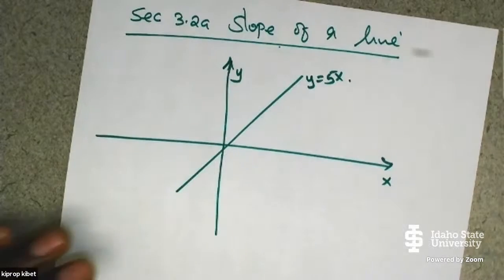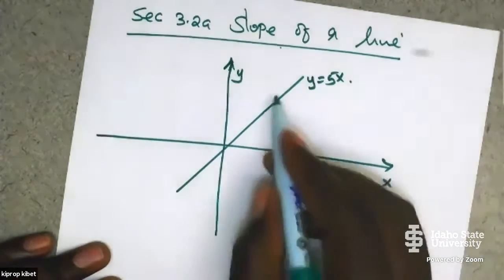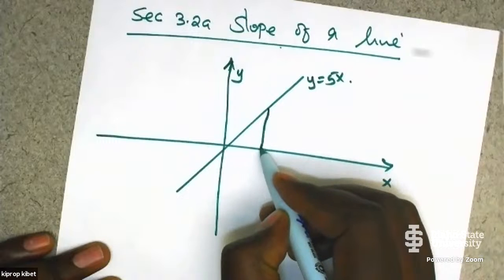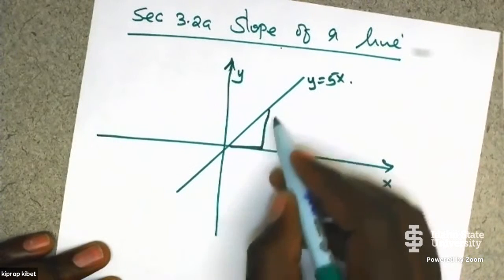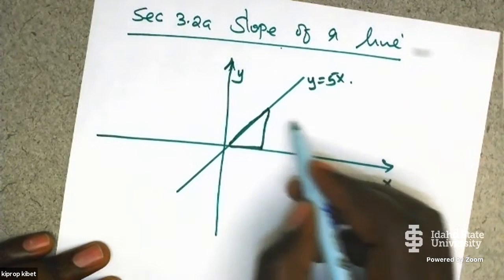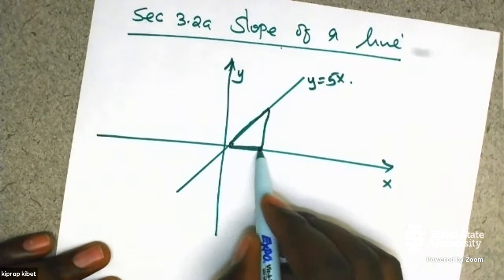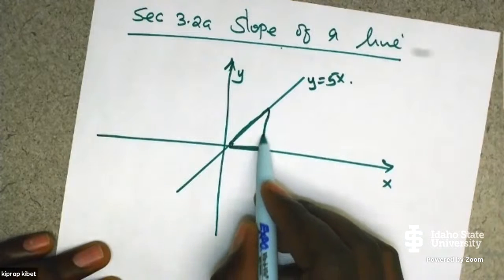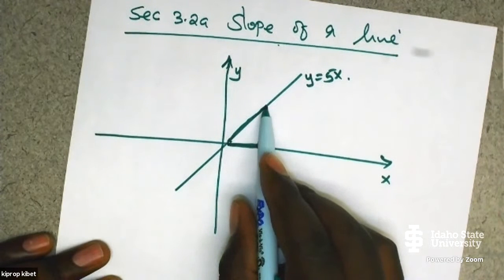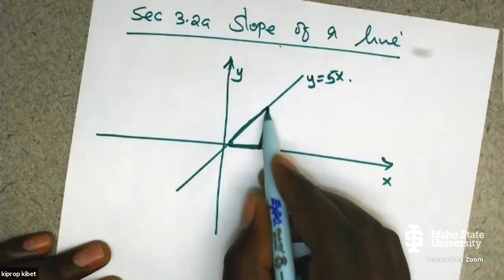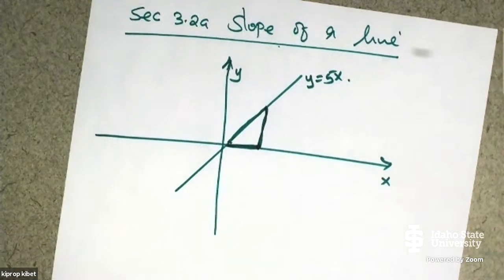So the slope of this equation, we can read it from here. So this is the slope of this equation. The slope of this equation is the change in y all over the change in x.